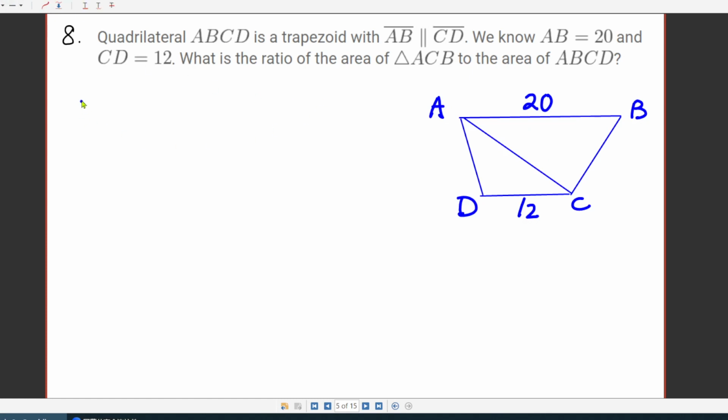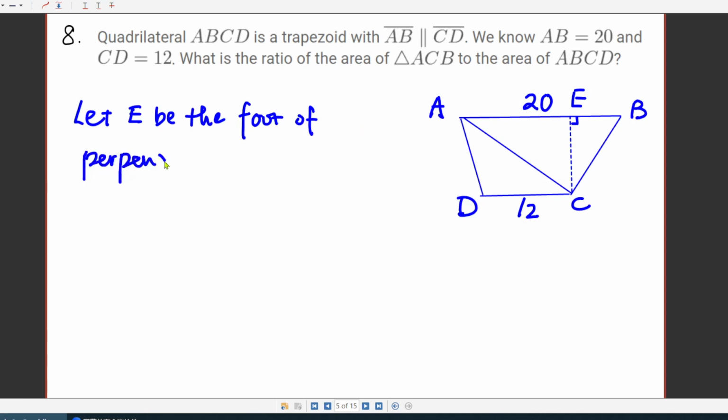Okay, first of all, we could draw a perpendicular segment here, and let this point be E. So let E be the foot of the perpendicular from C to segment AB, right?